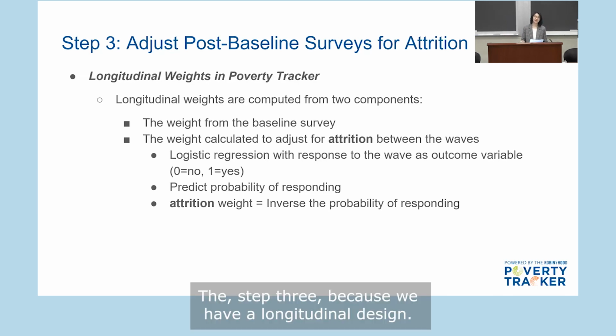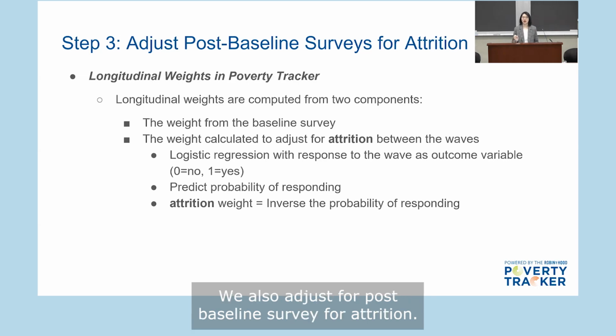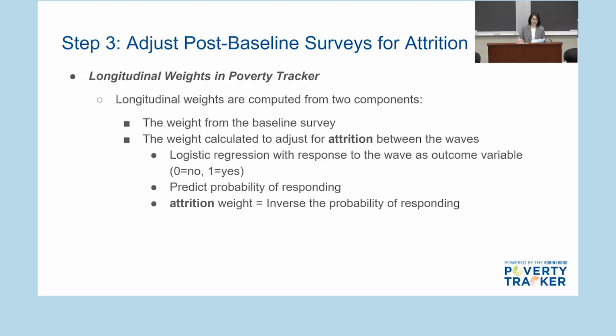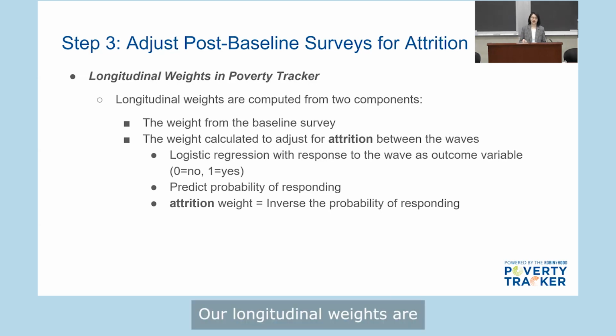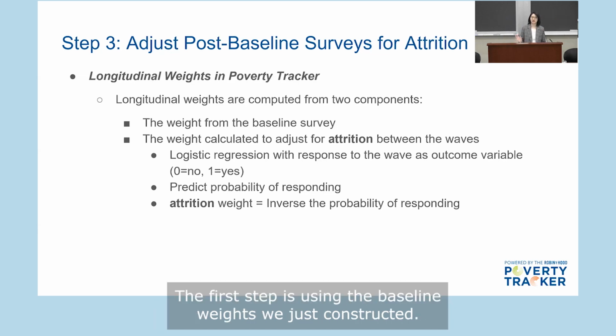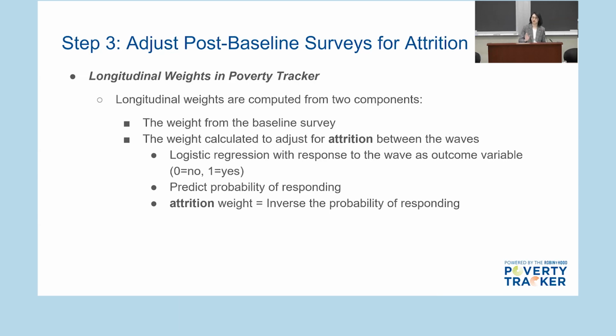And then we have step 3, because we have a longitudinal design here. So we also adjust for post-baseline survey attrition. Our longitudinal weights are constructed using 2 different steps. The first step is using the baseline weights we just constructed by using steps 1 and 2.